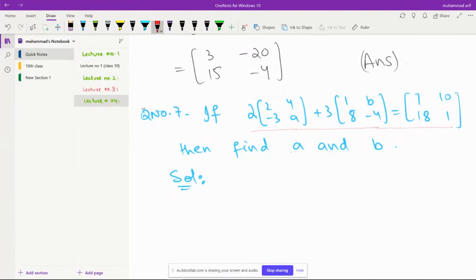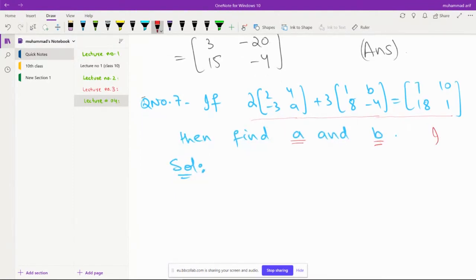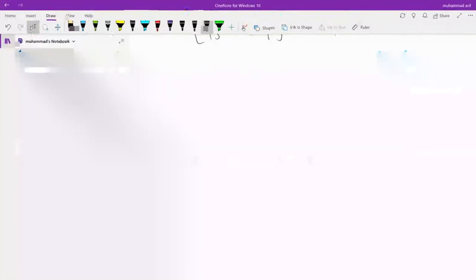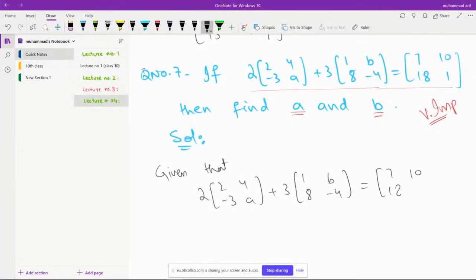We are to find the value of A and B. It's a very important question. First of all, given that 2 into 2 4 negative 3A plus 3 into 1 B 8 negative 4 is equal to 7 10 18 1.